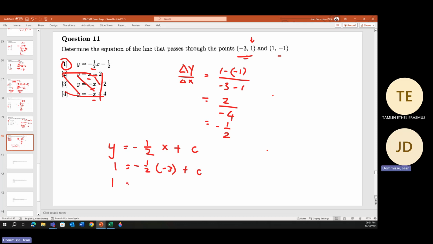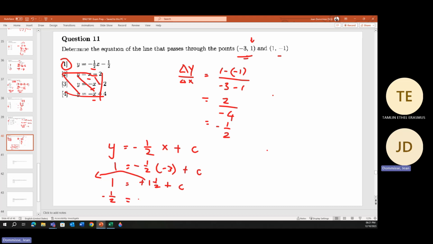So 1 is equal to minus a half times minus 3, which is positive 1.5, plus c. If we take this part over, it becomes minus 1.5. So 1 minus 1.5 is minus a half.